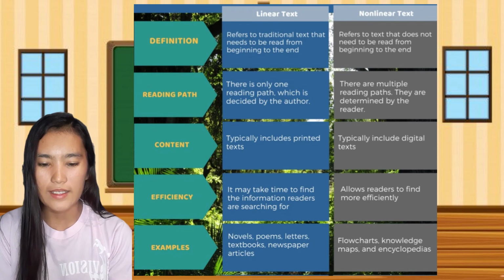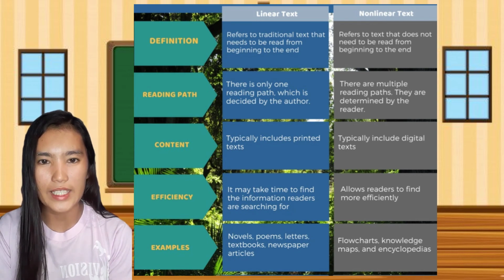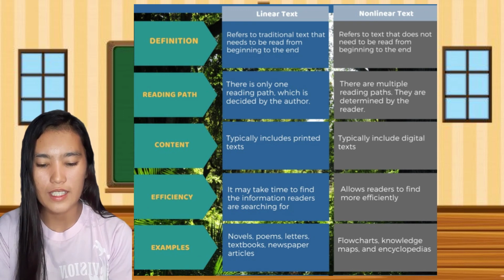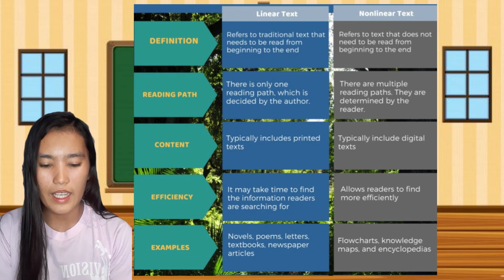In content, non-linear text typically includes digital text, while linear text typically includes printed text. In efficiency, with linear text, it may take time to find the information readers are searching for.